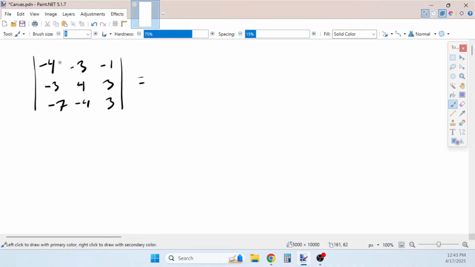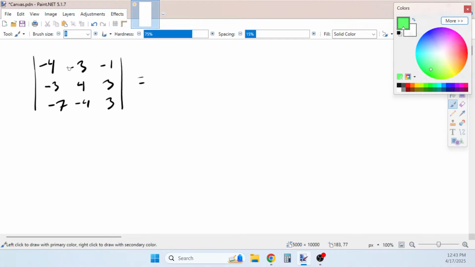I'm going to have to flip some. So I'm going to take three products. Those are the positive products because they go down and right. First one we'll do is -4 times 4 times.